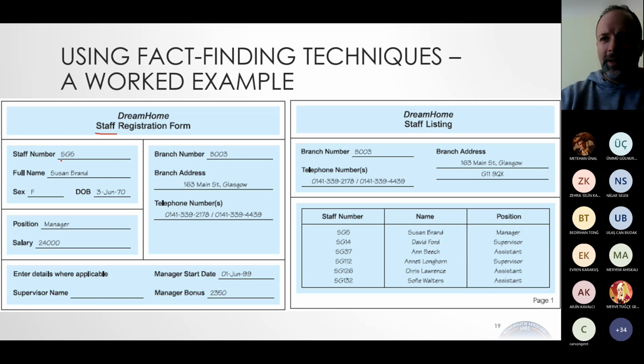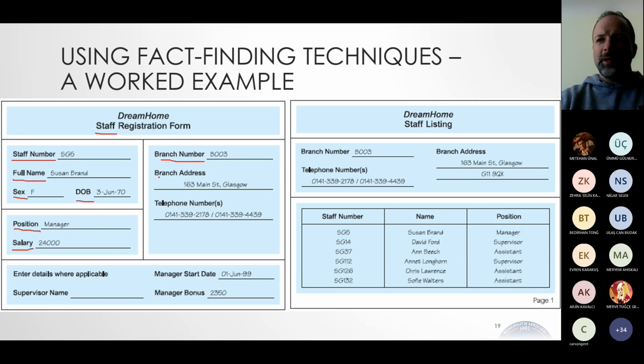Think of it like a class, right? Attributes in that class will be things like staff number. What is their name? What is their gender? What is their date of birth? What position do they have? What salary are we going to pay them? What branch do they work at?